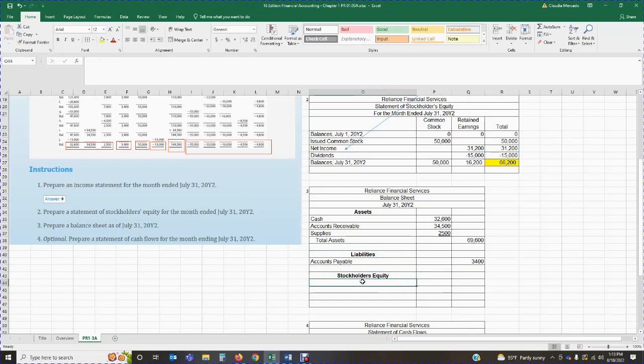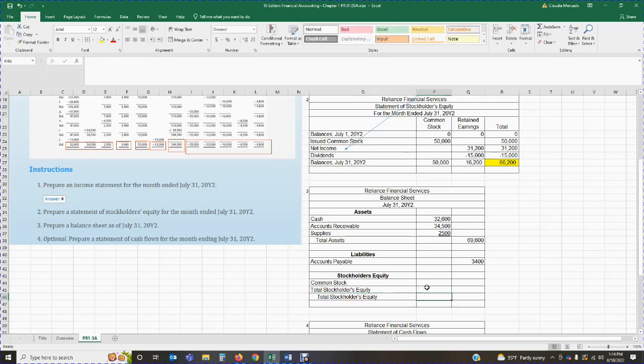Okay, so under stockholders' equity, we have two components. We have common stock and we have total stockholders' equity. Okay. We always have two things, and then we can calculate our total stockholders' equity.